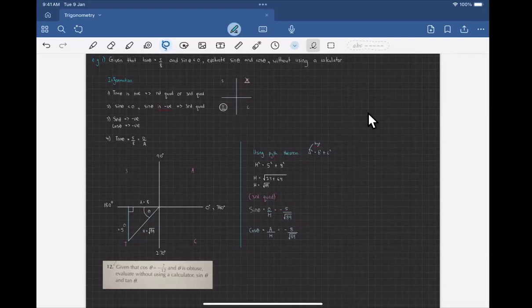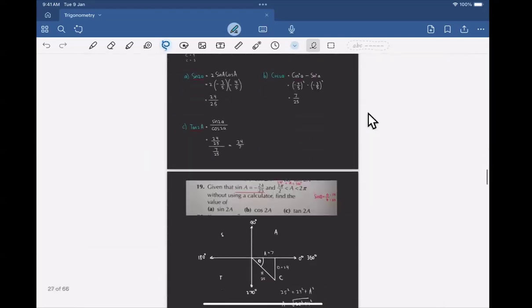Okay, Nicholas. One thing though, could you recognize your mistake? Which quadrant are you in? Second. So which one will be negative? Tan will be negative.